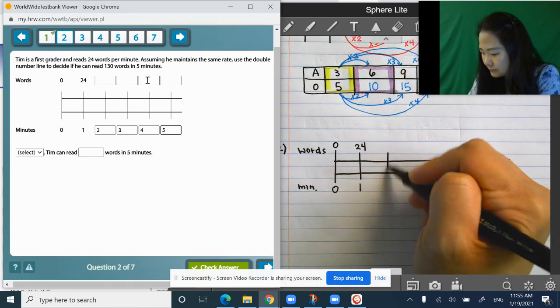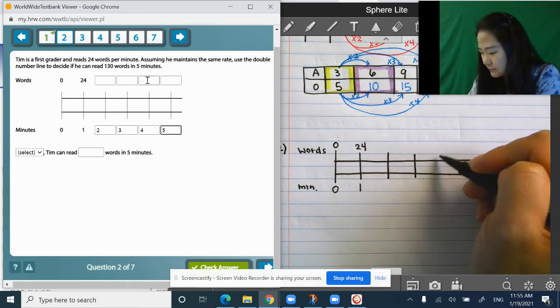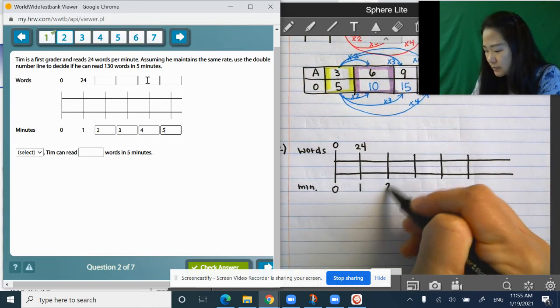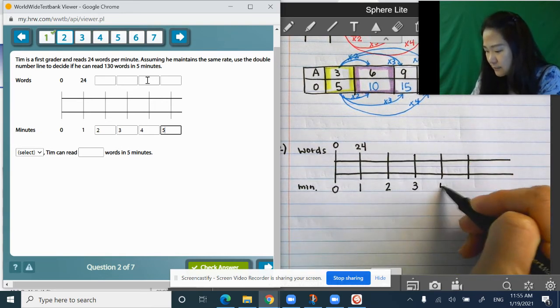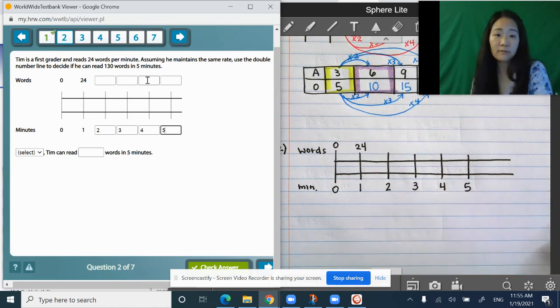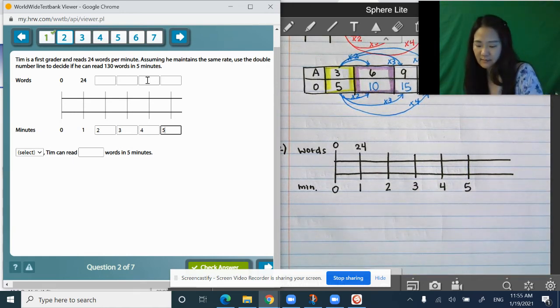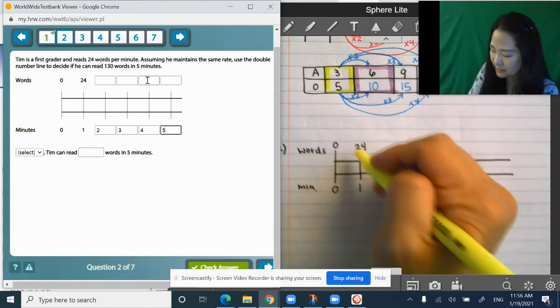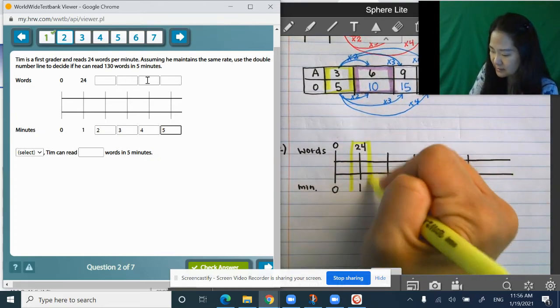Now, I'm going to find out how many words in 2 minutes, 3 minutes, 4 minutes, all the way up to 5 minutes. So I'm going to be using this unit rate. That's my original rate, okay?